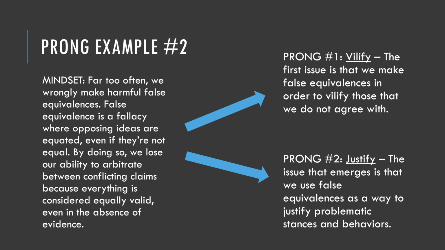So notice both of these prongs. The first is about putting other people down through false equivalencies. And she talked about, for instance, in that one, comparing Trump to Hitler. And then in prong number 2, justifying really problematic stances and behaviors. And again, she had a lot of concrete examples within that prong to justify or to explain that idea of justification. So just trying to show you examples of how to organize prongs.